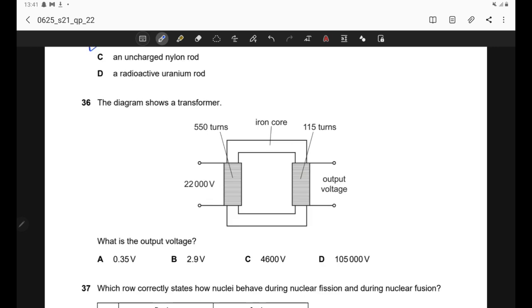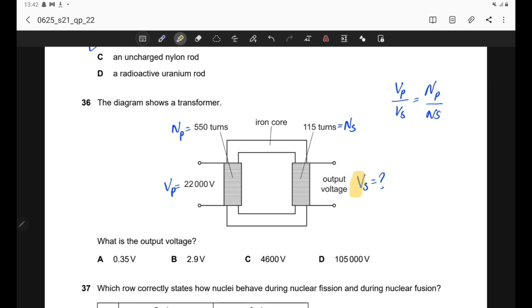Question 36. The diagram shows a transformer. What is the output voltage? We have been given the number of turns in the primary coil, the voltage at the primary coil, and the number of turns in the secondary coil. We need to calculate the voltage at the secondary coil. Here we can use the transformer equation, that is Vp over Vs is equal to Np over Ns.